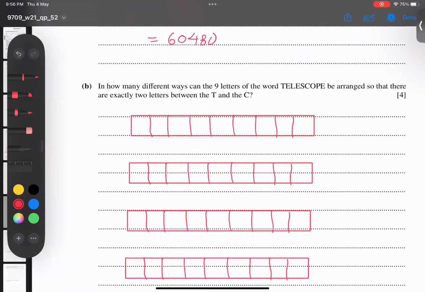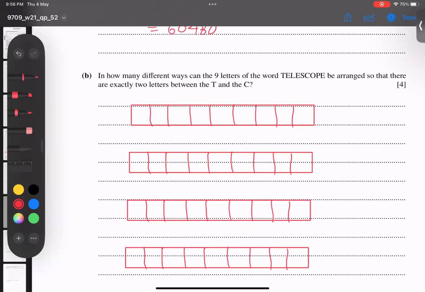So let's try. For example, T comes at the start and 2 spaces in the middle, C comes. So let's see how we can make it. Make sure 3 E's are still repeating. So I blocked T and C at these positions. So how many possibilities? 1, 2, 3, 4, 5, 6, 7.